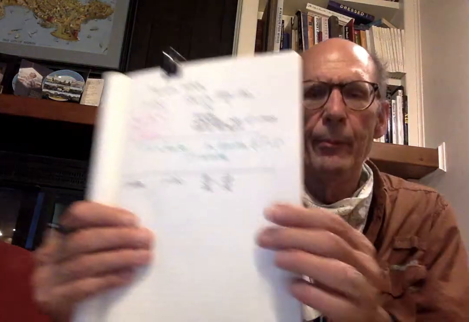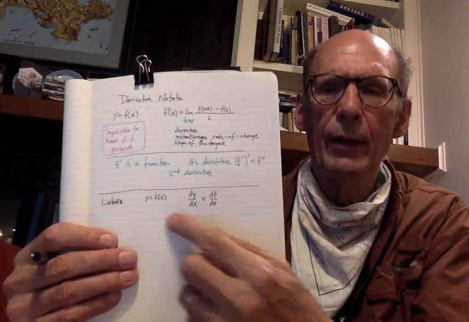Sometimes you might write df by dx, and that's because y is equal to f of x. That's the same thing. And sometimes you write d by dx, nothing on top, and I'm just going to put this in words of the formula. So those are three ways that you can do this.